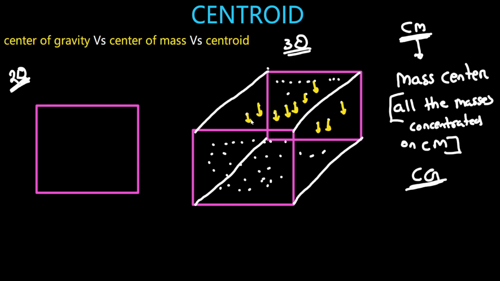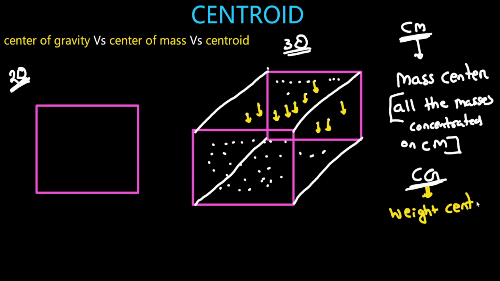So center of gravity, what? Center of gravity is simply the weight center. We have a number of weights, and we are considering that the weight is acting at a single point. In reality there are a number of weights, but we are saying weight center.